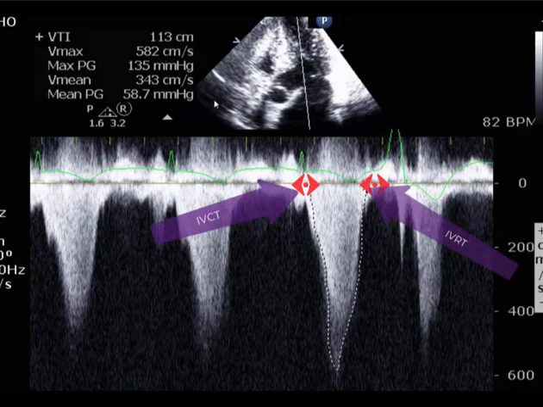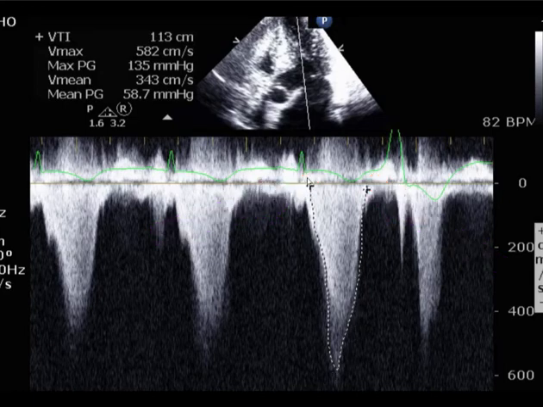And just for you fellows, remember that we're identifying this as a waveform coming out of the LVOT rather than the mitral valve, because this is dagger shaped, which is pathognomonic of an LVOT obstruction waveform rather than a mitral regurgitation waveform. The mitral regurgitation jet starts over here and ends over here, across all of systole.